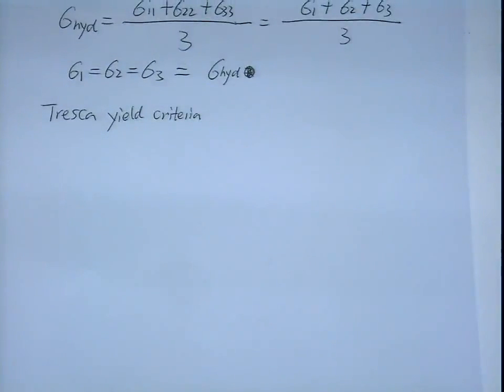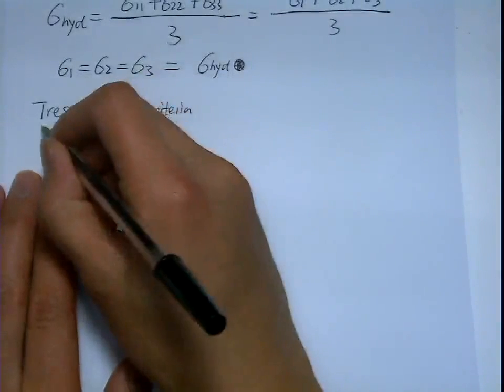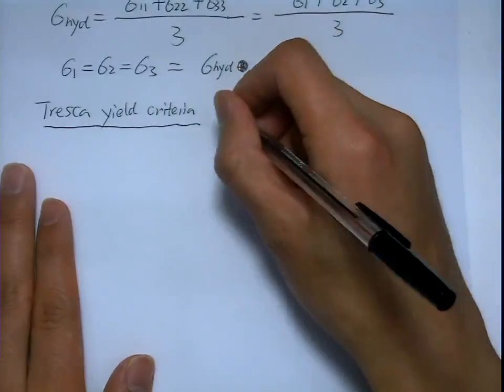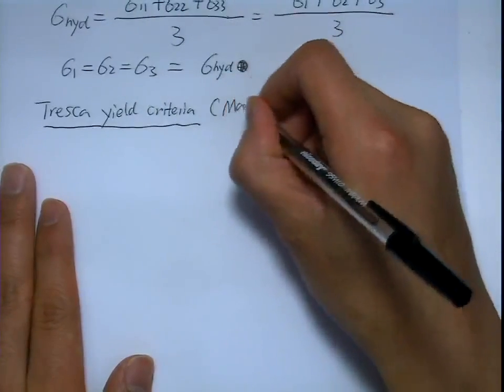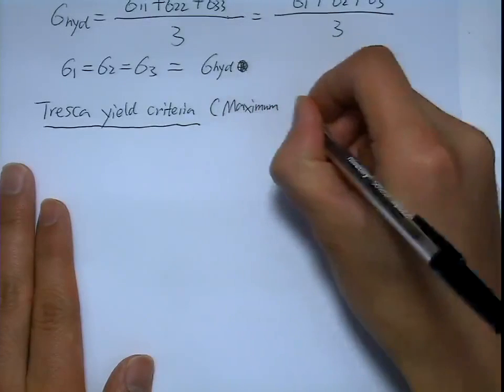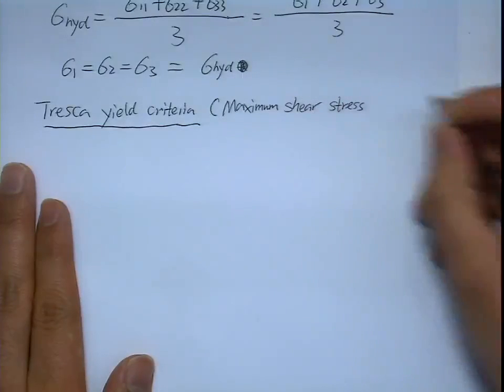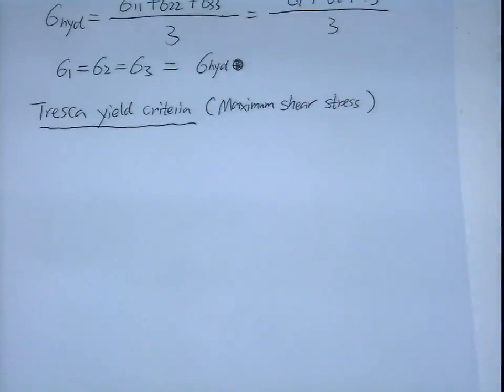It's just telling you need to remember this guy. But the more interesting one, with more physical meaning, is the maximum shear stress criteria. That's how you interpret that criteria, okay?